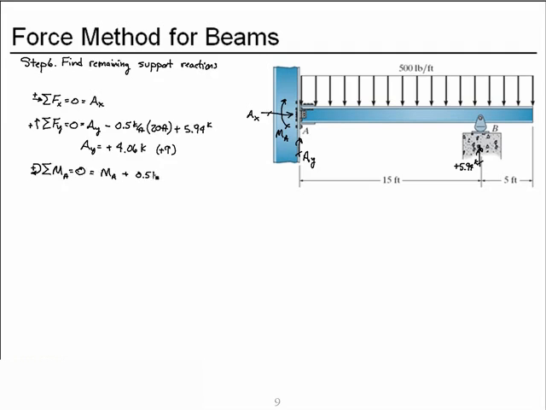The uniform distributed load gives us a clockwise contribution, acting over 20 feet, which turns it into a force resultant at 20 feet over 2 from point A. We do have a counterclockwise contribution from the vertical reaction at B, and that is through 15 feet.